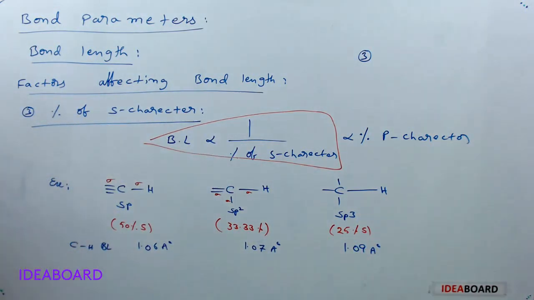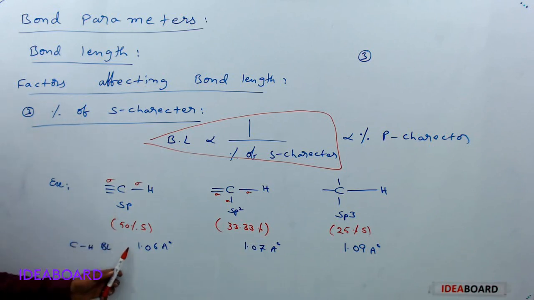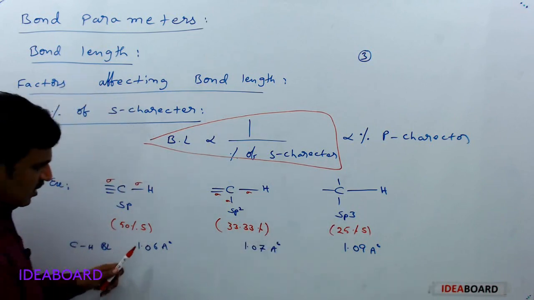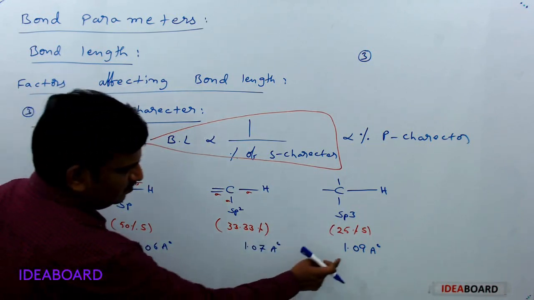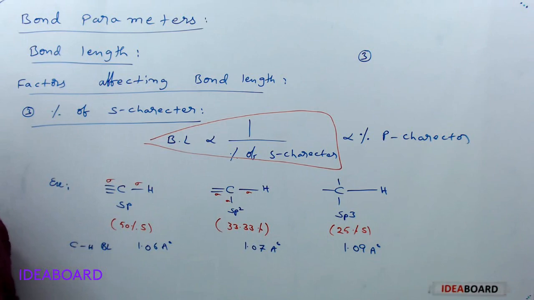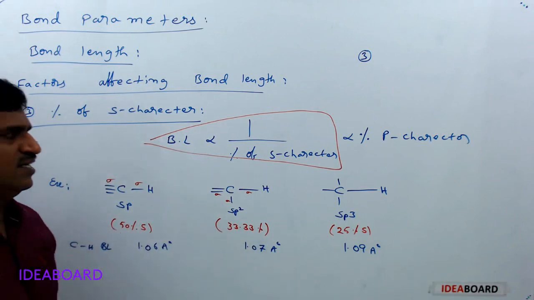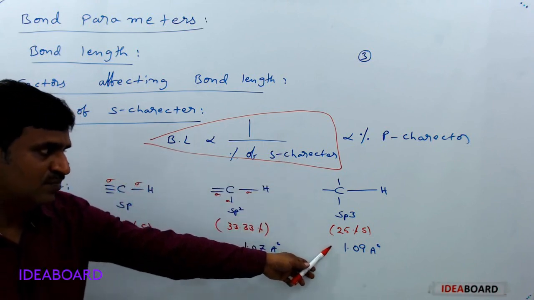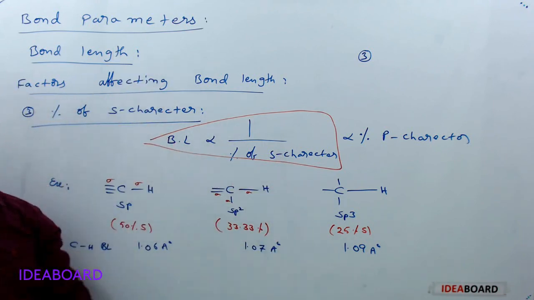See, the S percentage is more here and less here. Here the bond length is less, here the bond length is more. So this clearly indicates that whenever the percentage of S character is less, the bond length is more.